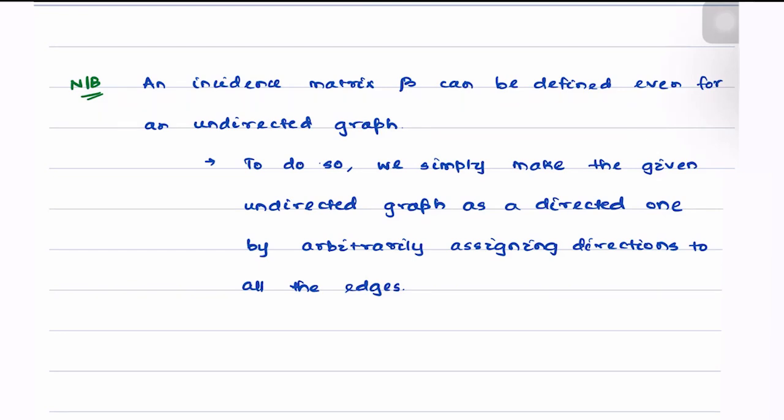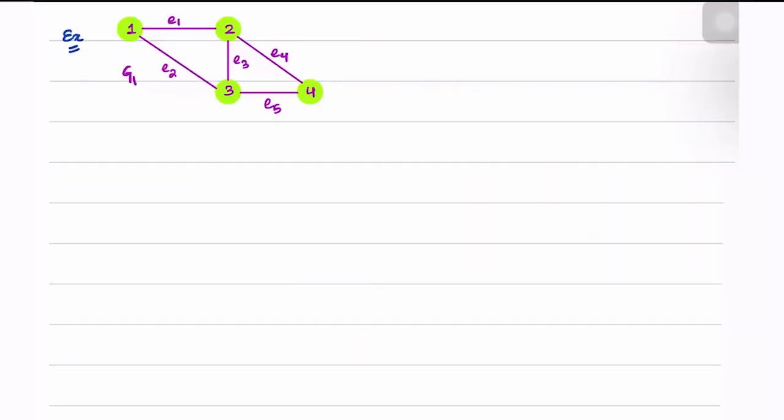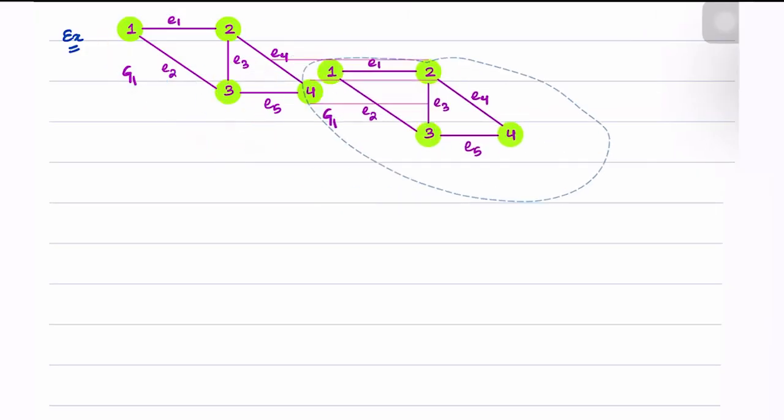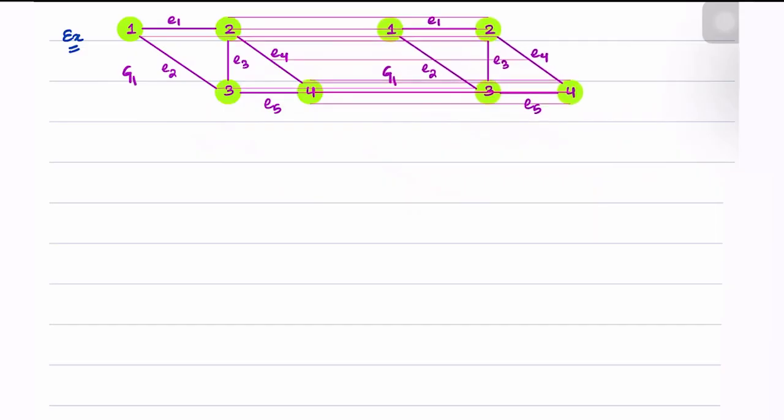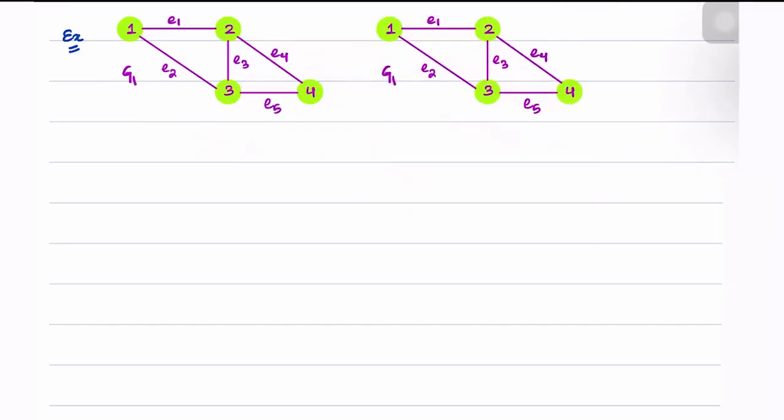Again, let's look at a quick example. Let us consider the undirected graph that is shown here. What we can do is, we can create a directed graph out of it simply by assigning some directions arbitrarily to all of the edges.